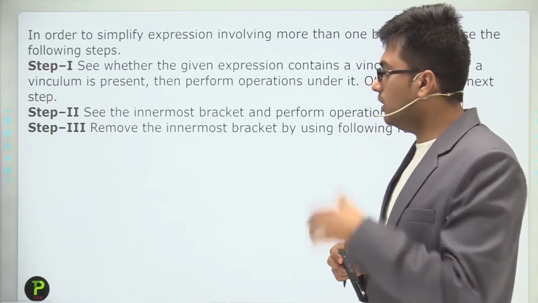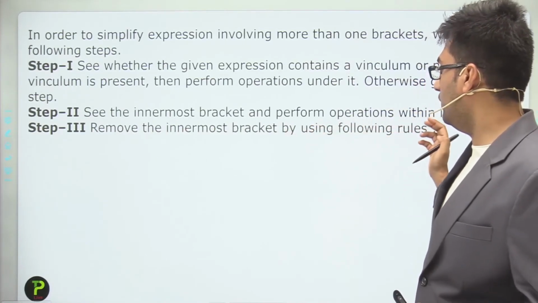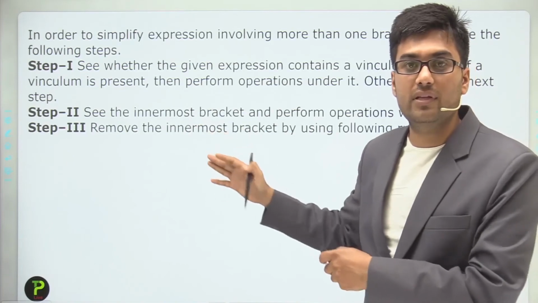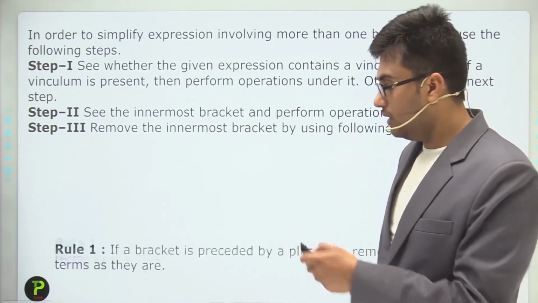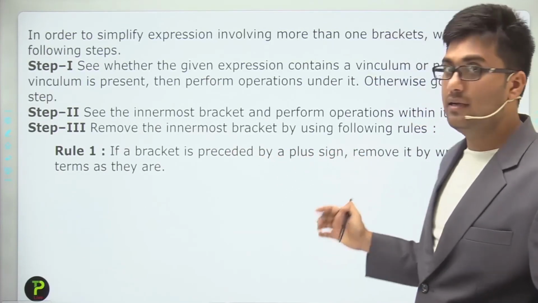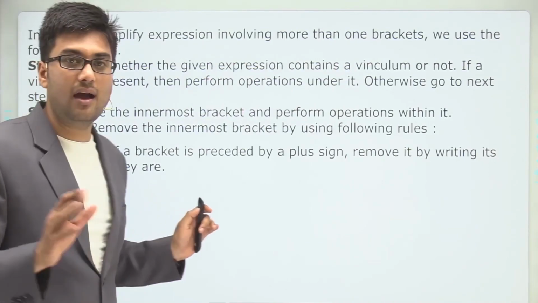And the next is what? Remove the innermost bracket by using the following rules. Let's discuss the rules for removing the bracket. So students, first is what? If a bracket is preceded by a plus sign, then remove it by writing its terms as they are.